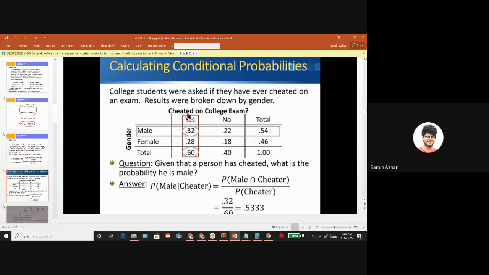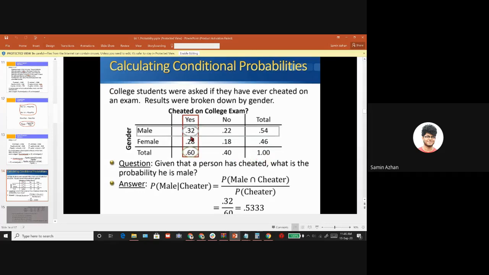For example, for the probability of cheating and not cheating in total for male and female: if you add up cheating equals yes, both the probabilities, you should get 0.60. And if you add up cheating equals no for male and female, you should get 0.40. And if you add those two up, for cheated yes and no, you should always get 1.